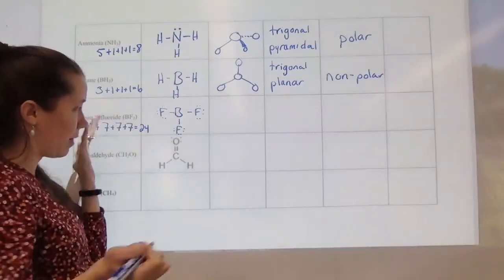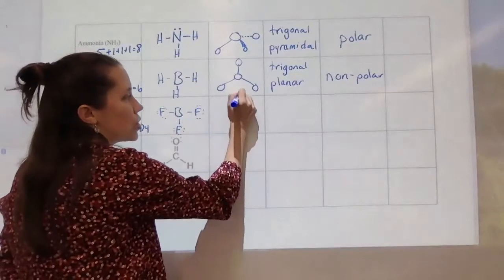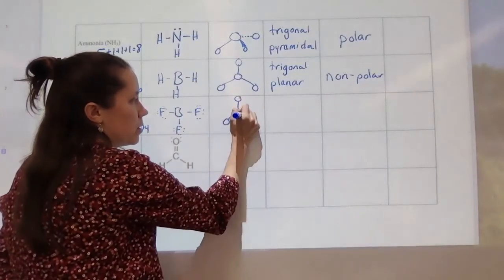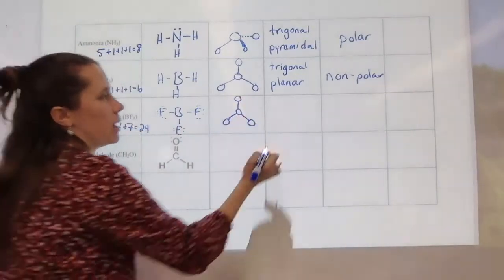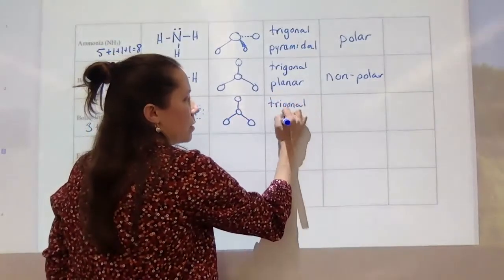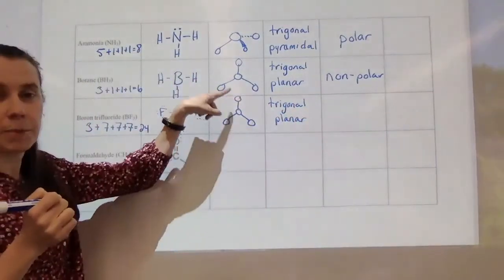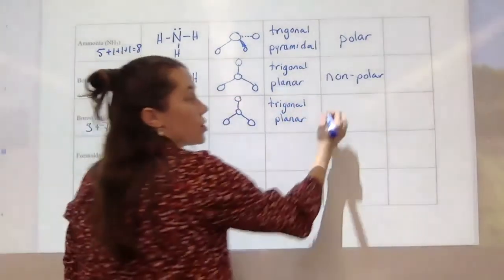Boron only has 6 again. That's all it's going to get. And that's 24 altogether. Okay, this will look just like the one above. Okay, it's also trigonal planar. Okay, and then because they're all the same, it will also be nonpolar.